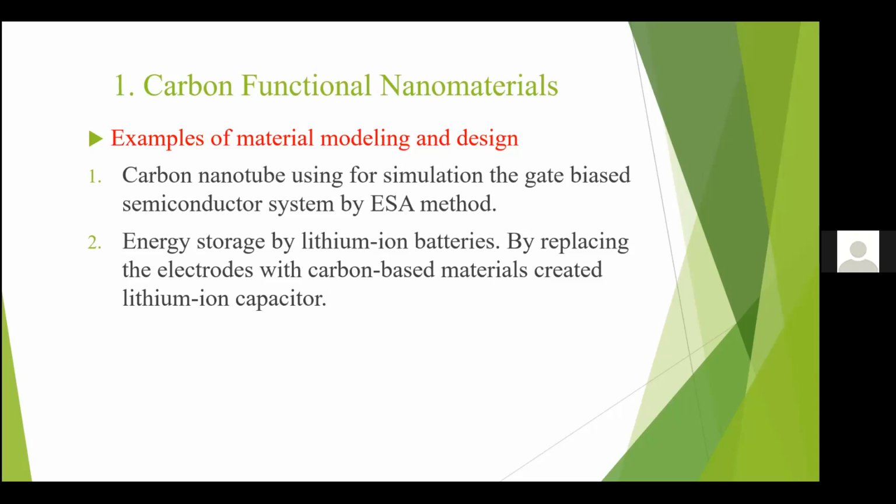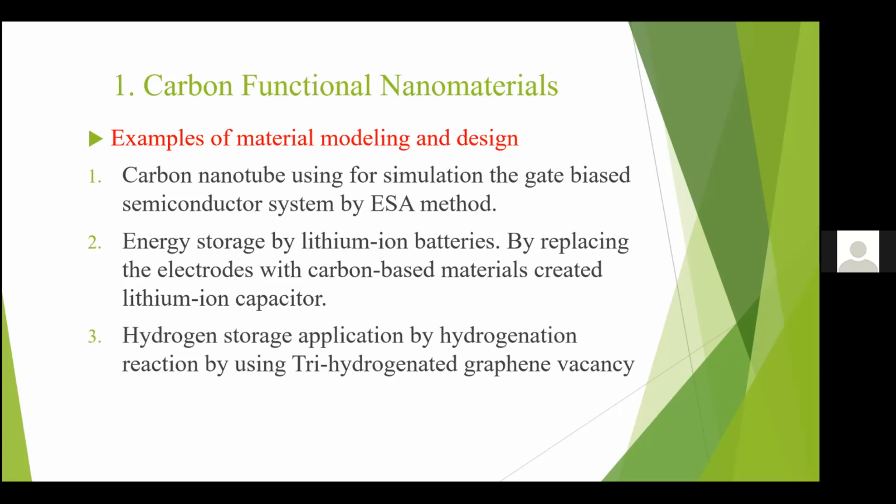The energy density per volume of the lithium-ion capacitor gives better output performance, with a positive electrode potential at the positive electrode and a stable negative electric potential. This is more effective than the traditional lithium-ion battery. The third is an example for hydrogen storage application by hydrogenation reaction using hydrogenated graphene vacancy.